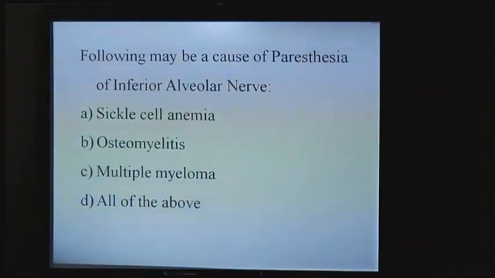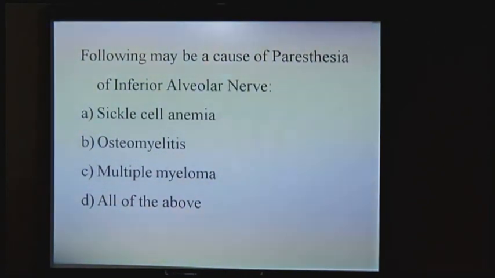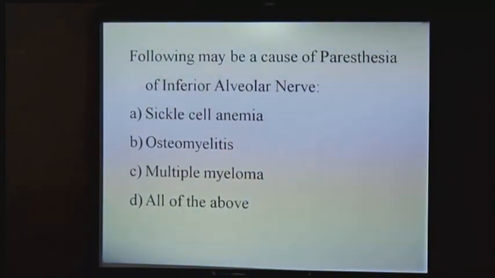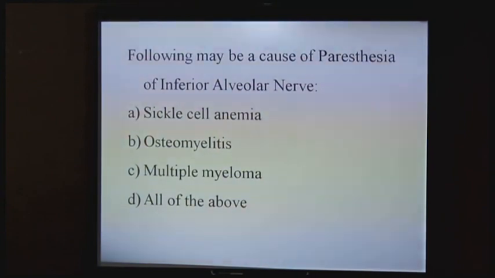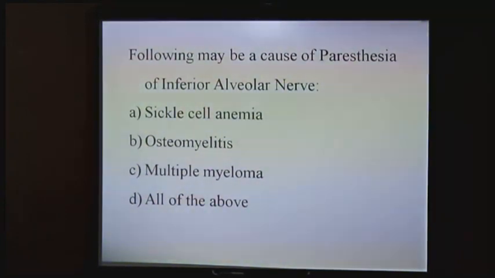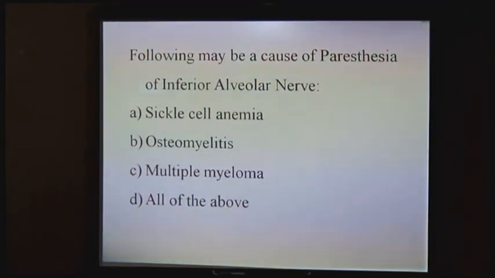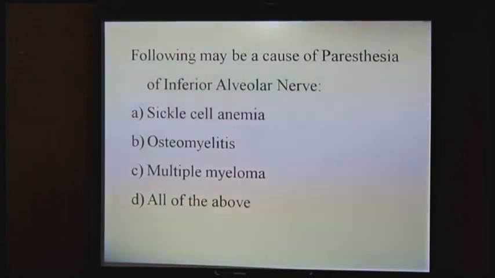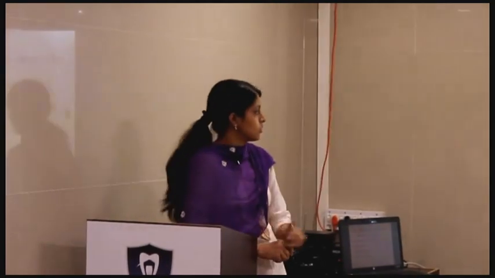The following may be causes of paresthesia of inferior alveolar nerve. Which of the following? Okay. Anything else? Anything else? No? In sickle cell anemia, you will have sickling phenomenon. Those RBCs will stick or adhere to your blood vessels.